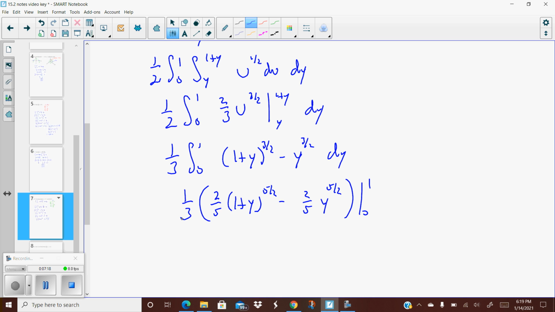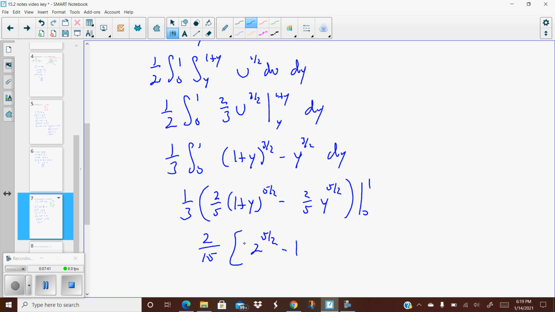Again, so I'm going to go ahead and pull the 2/5 out to the front. So that's going to give us 2/15. And then plugging the 1 in, we're going to get 1 plus 1 to the 5/2, or 2 to the 5/2 power, minus 1 to the 5/2 power, which is just 1.